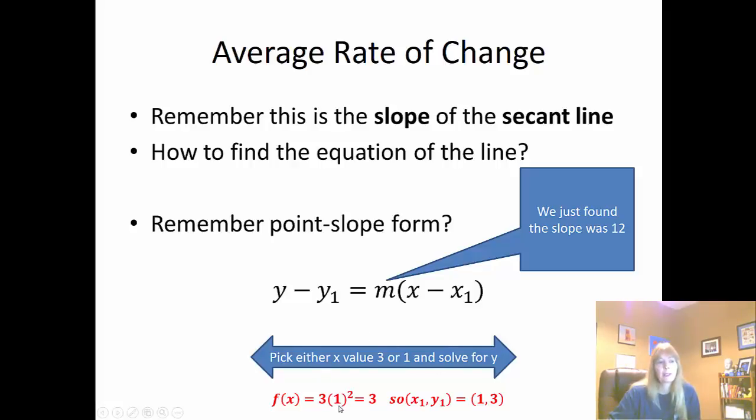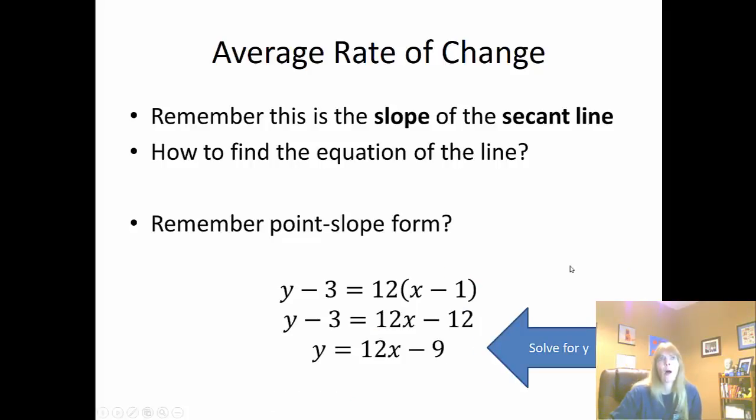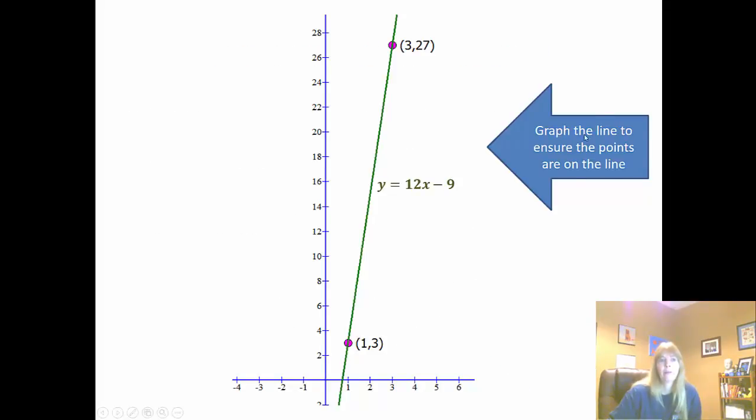Let's say I pick the one with the x value of 1, 3. How in the world do I get 3? I go back to my original function, I plug in 1, and that gives me my y value. So I plug everything in, I solve for y, and I get my slope intercept form, y equals mx plus b, and that gives me something I can actually graph. I'm going to graph this and plug in my two points just to ensure that they're actually on the graph.